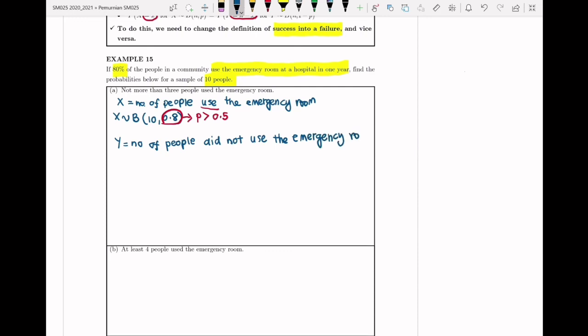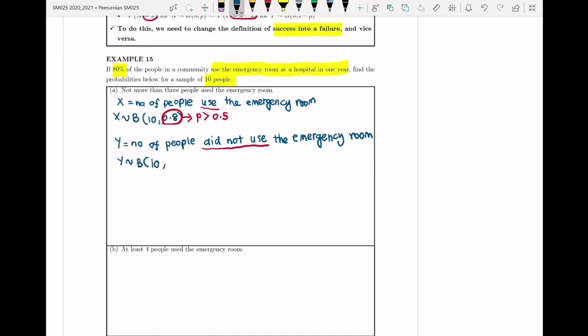Y is the opposite of X, did not use. So if we have X with n equals 10, p equals 0.8, then Y is still a binomial distribution with n equals 10.